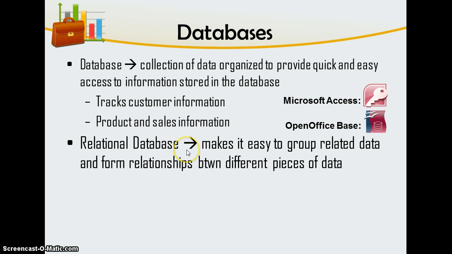Most of these are relational databases, and this just makes it easy to group related data and form relationships between two different pieces of data. So you can search within your database based on certain criteria, and then it generates a report for you.